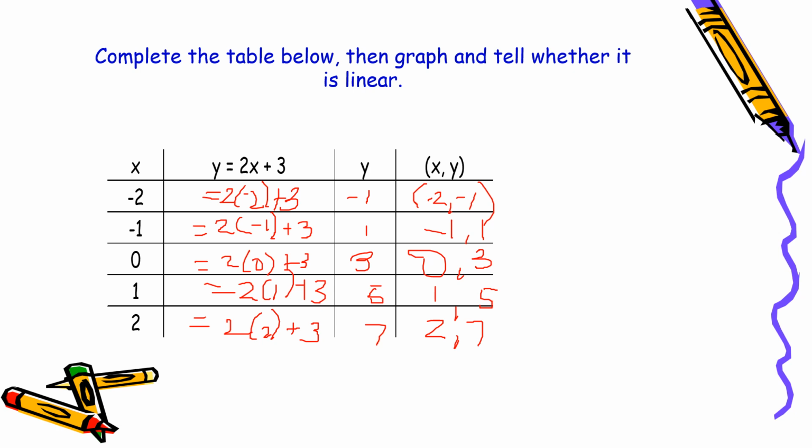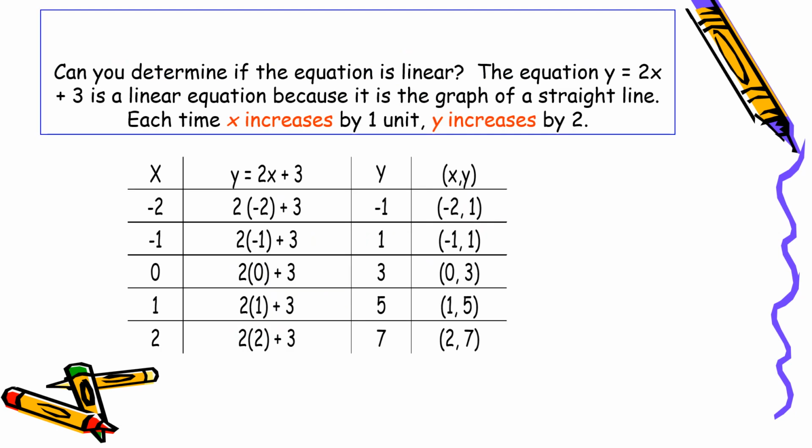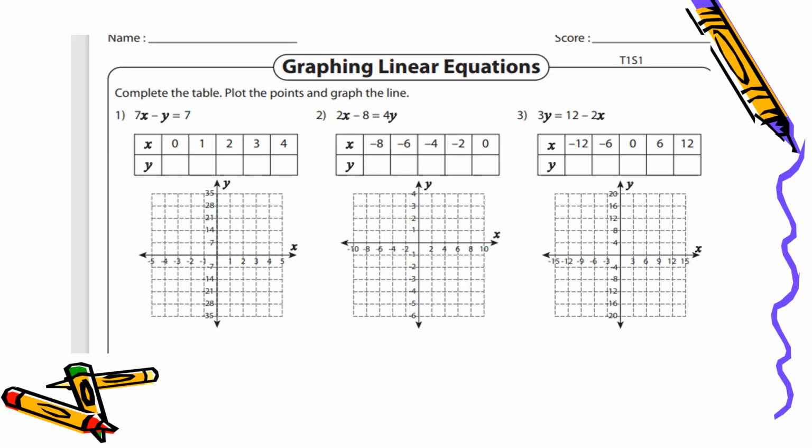Let's do the next activity. Can you determine if the equation is linear? If you're going to graph that, do make use of it. Let us continue. For example, we have given here 7x minus y equals 7.